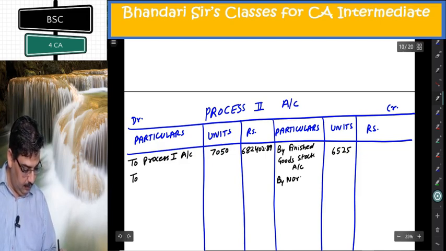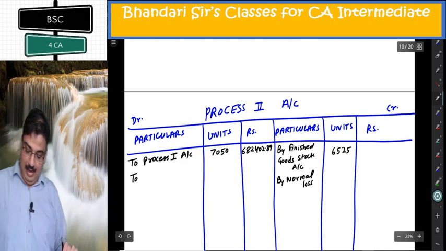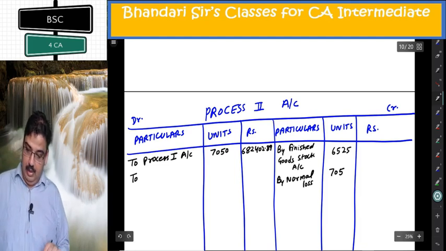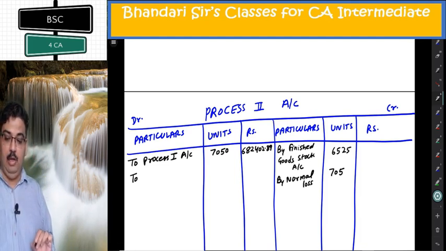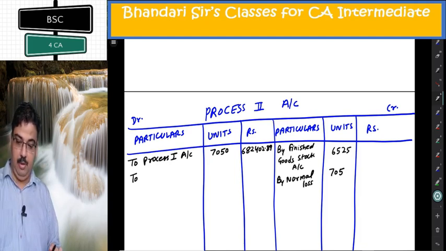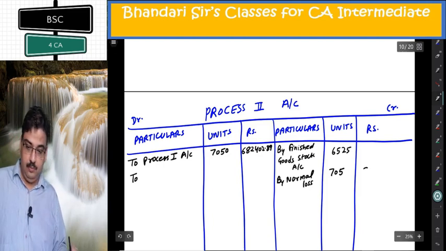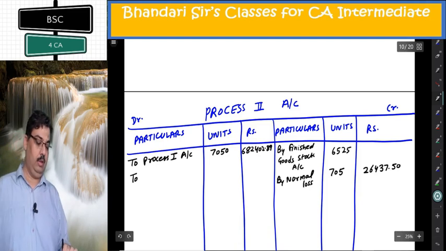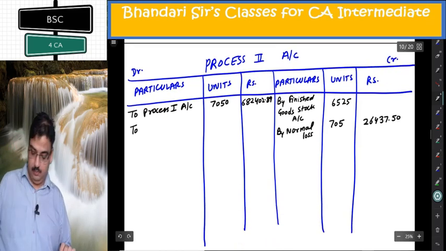By normal loss, 10% of this input, 705 units, and each unit has scrap value. At the bottom of the table on the right hand side column, 37.50 per unit. So you are getting 26,437.50 scrap value of normal loss.